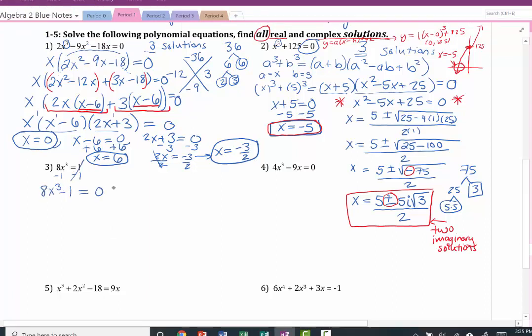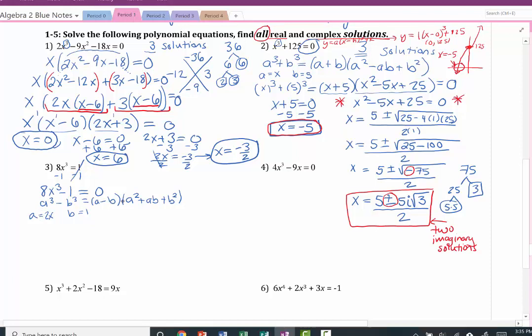like that. And I can see that, okay, this is actually in the form of a difference of cubes. It looks very much like that form, where a would be 2x together, and b would be 1. And so I'm going to follow the formula for a difference of cubes to get my 1 linear factor and my 1 quadratic factor.